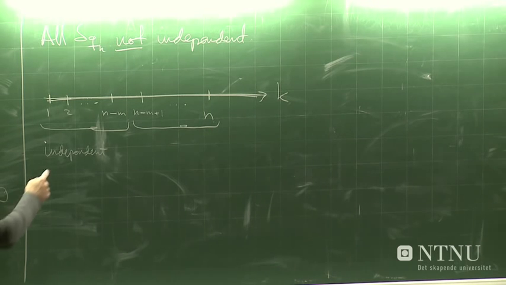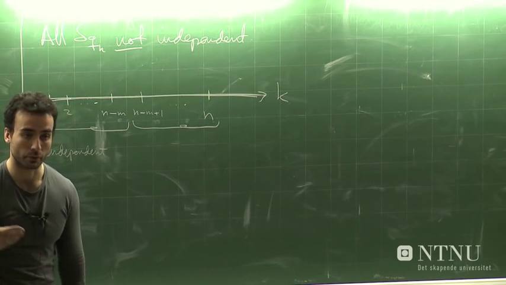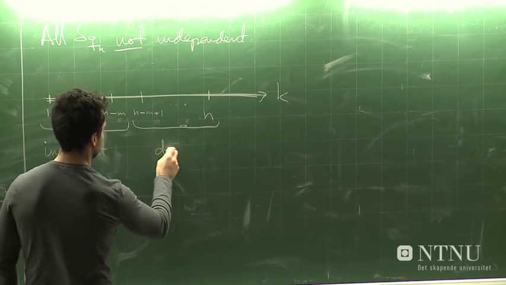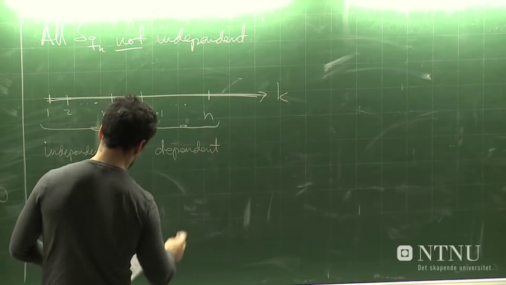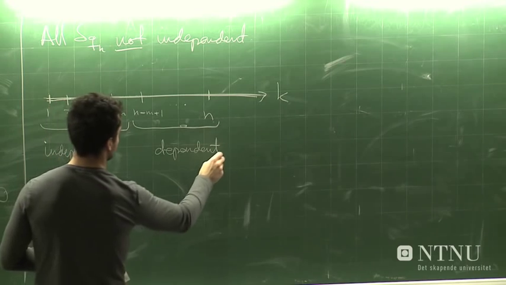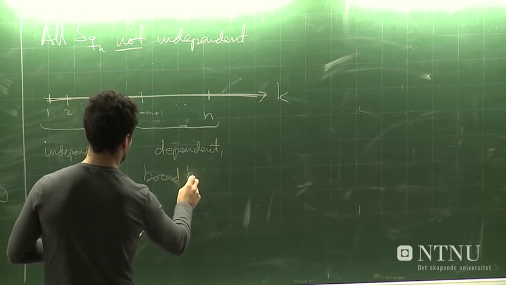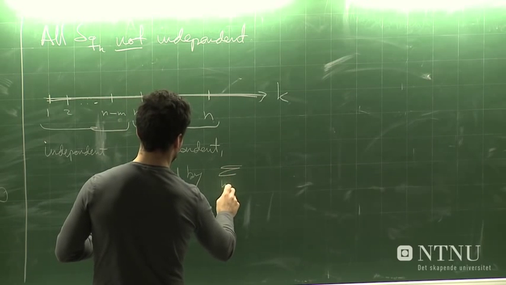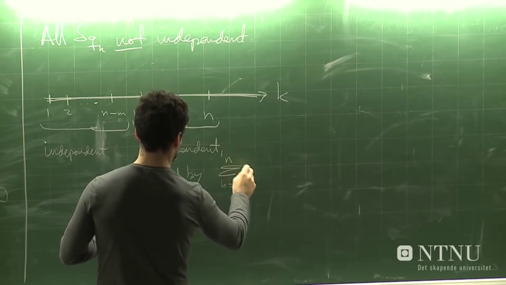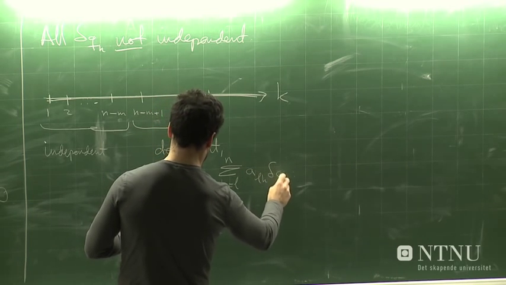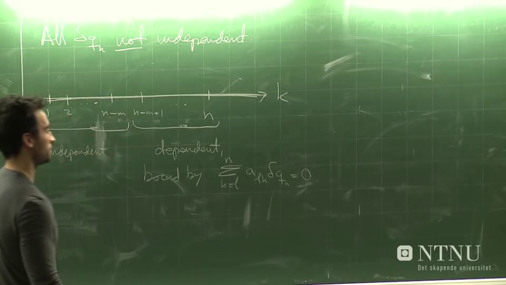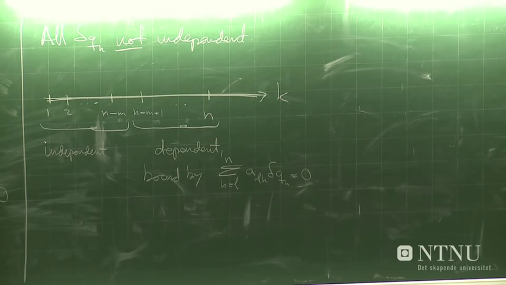So it means that n minus m of the generalized coordinates are independent of each other, but the rest depend on each other through these non-holonomic constraints. Okay, so that's the situation at hand.